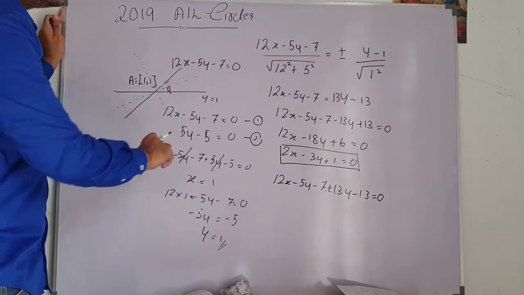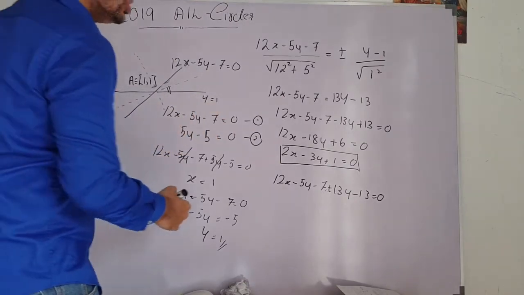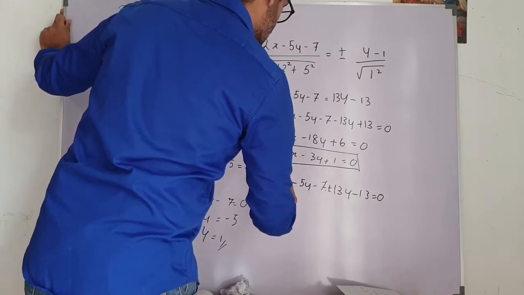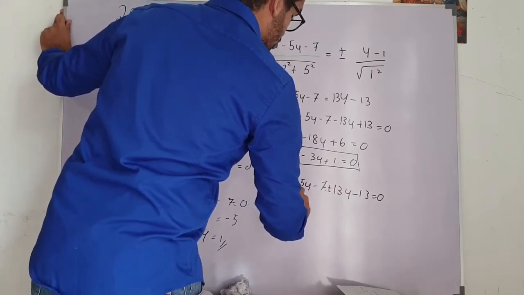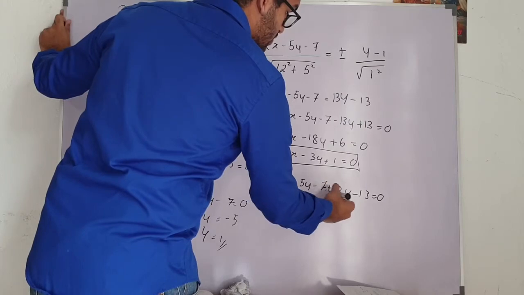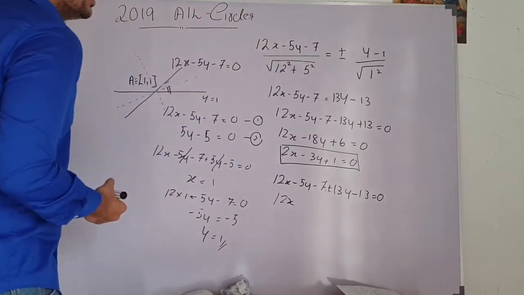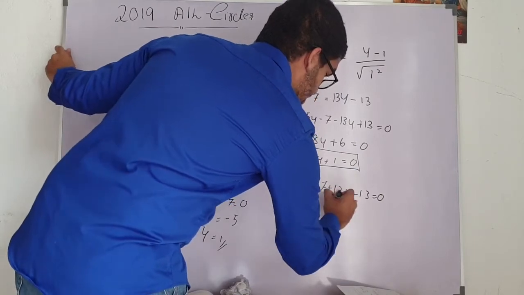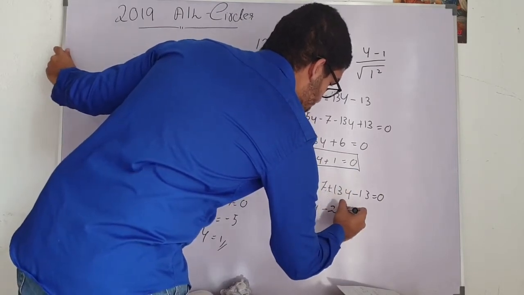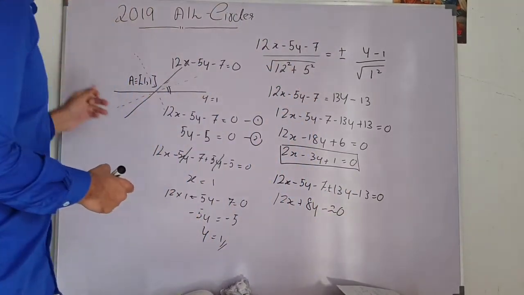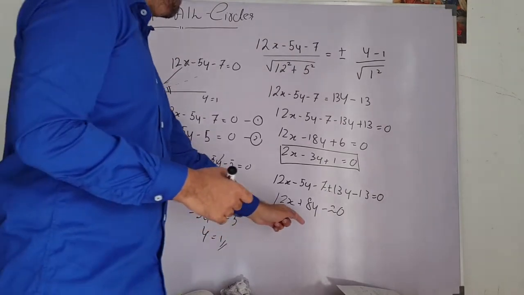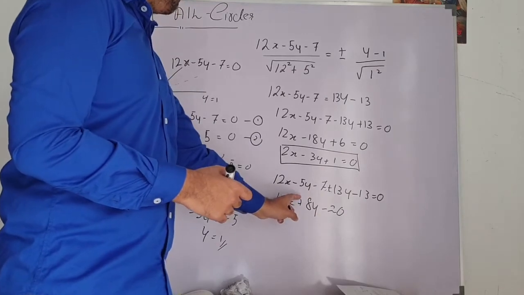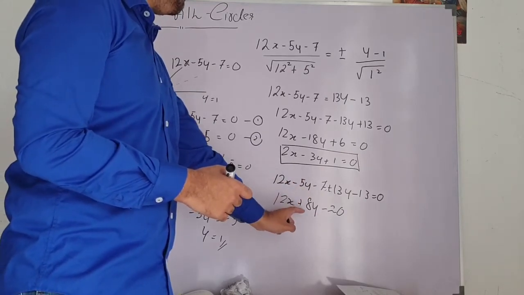Now you can write 12x, and 5y plus 13y is going to be plus 18y. Actually, taking the other sign, this is going to be plus 8y, and minus 7 minus 13 is going to be minus 20, because 13y minus 5y is going to be 8y.